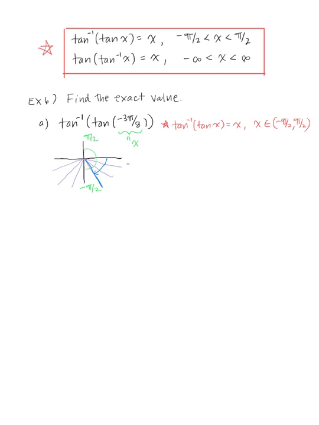And it is, in fact, between negative pi over 2 and pi over 2. So the star holds. Let me write every step out. Since x equals negative 3 pi over 8 is inside of negative pi over 2 to pi over 2, we can apply the property. Therefore, tan inverse of tan of negative 3 pi over 8 equals negative 3 pi over 8.